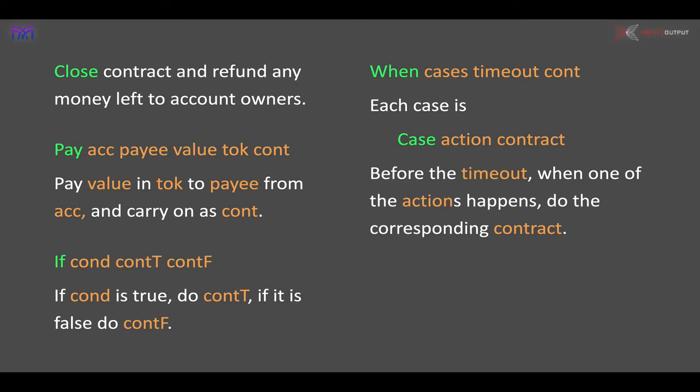When one of them happens, we do the corresponding contract. And that's it. But if we reach the timeout and none of the actions has happened, we do cont. So we know whatever happens, this contract will progress by the timeout. It will do cont. But if any of the actions happens before, then the corresponding contract is executed.